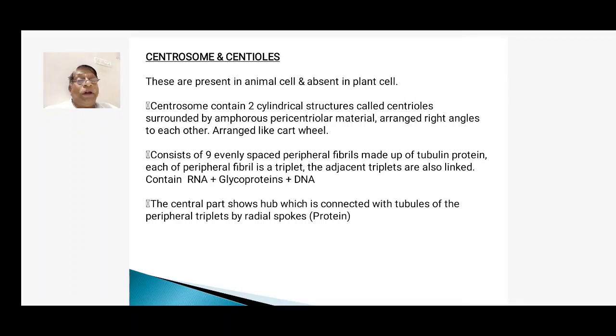One of the differences between plant and animal cell. Okay. Centrosome contains two cylindrical structures. You can see now, cylindrical structures called centrioles. Now you can see the centrioles. There are two centrioles.